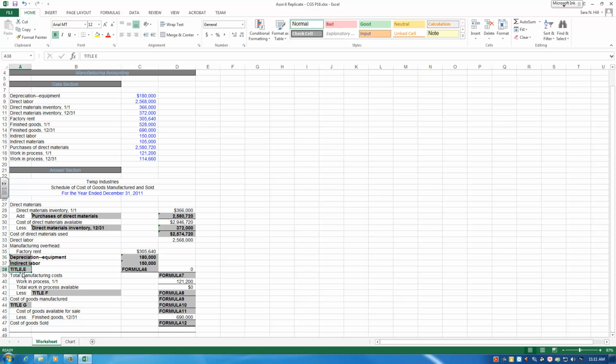And then how about also indirect materials, not directly related to the product. All right, and you can see we've had a nice formula sum up for us all of our overhead expenses.